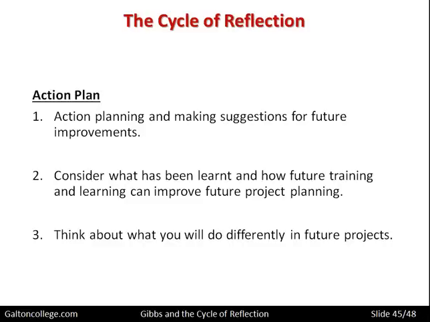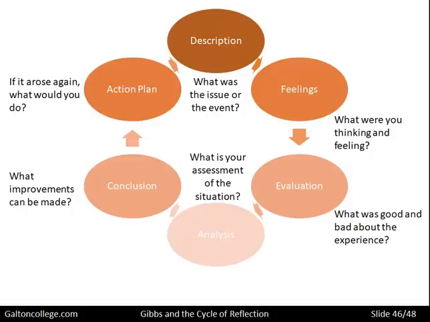So it's a good oversight into what needs to be done for future projects. So if it arose again, how would you do it? That's really what the action planning stage is stating.